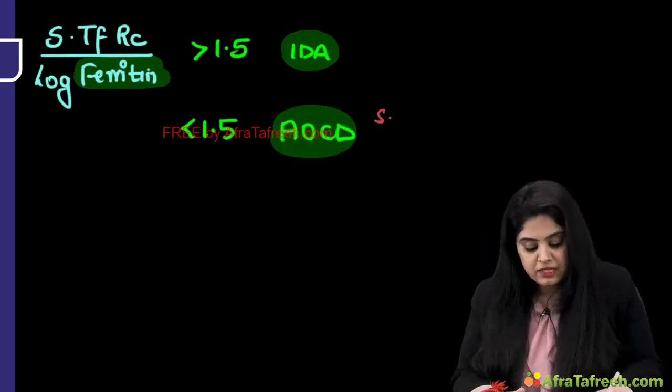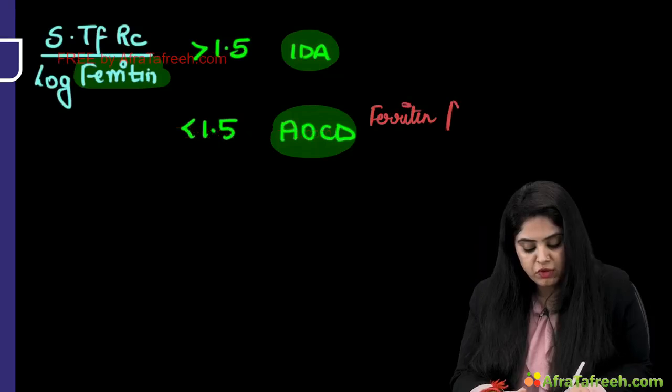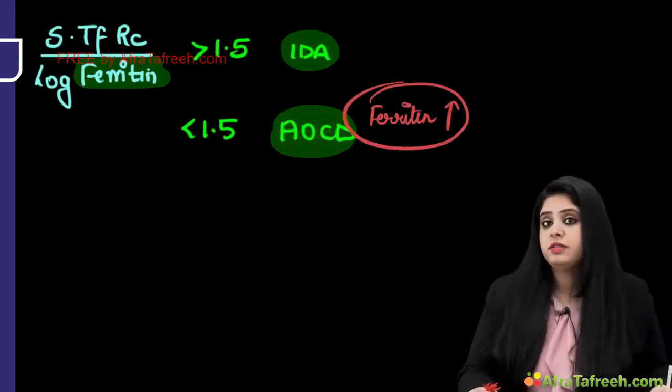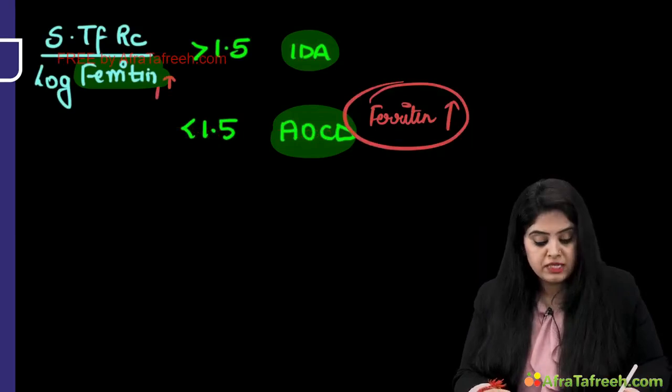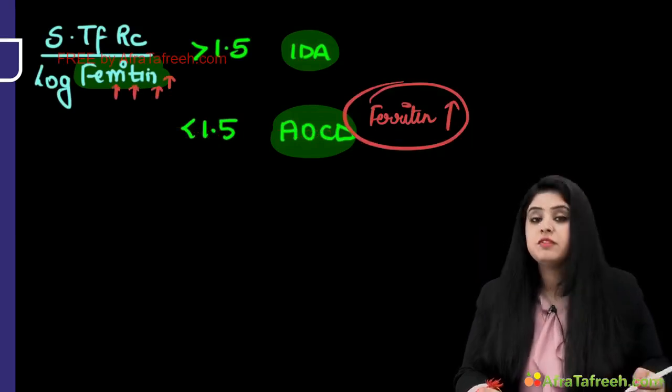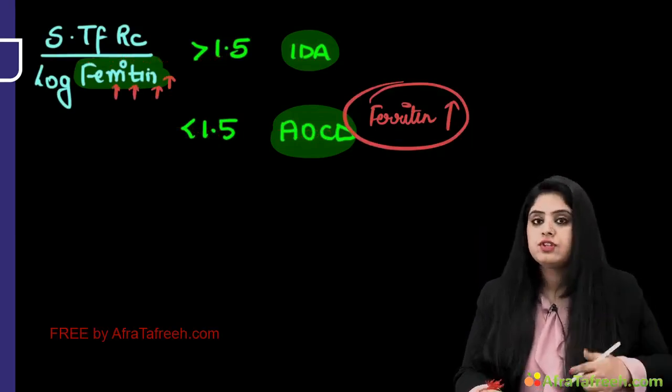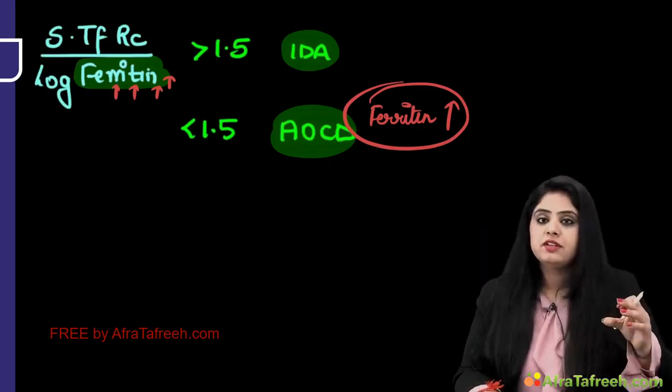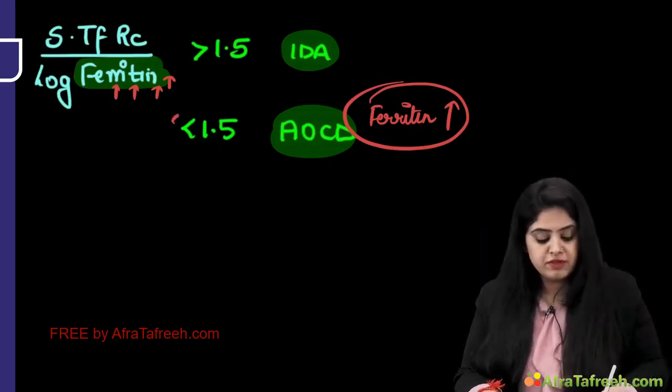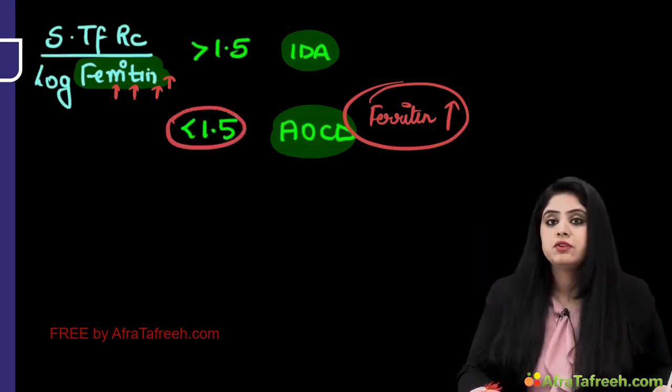Obviously the bank account is going to be very, very rich in case of anemia of chronic disease. So when the denominator is very high, the overall ratio will be less. So serum transferrin receptor divided by log of ferritin will be less than 1.5 in anemia of chronic disease.